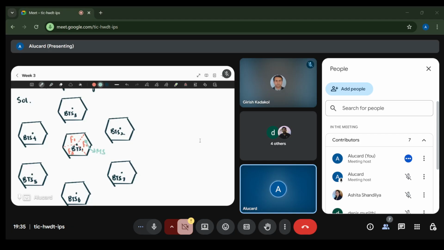Now this guy is operating at the frequency F2. This sectorization pattern is followed by your co-channel base stations also. So everywhere it's the same. So in this sector he will use F1, here he will use F2, F3. Similarly F1, F2, F3.